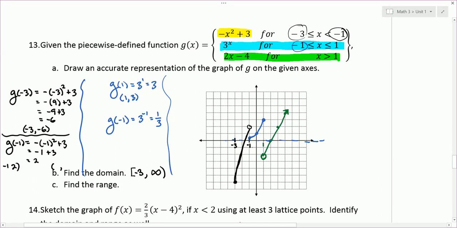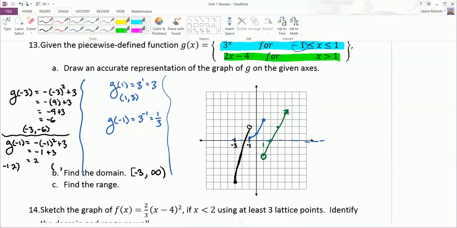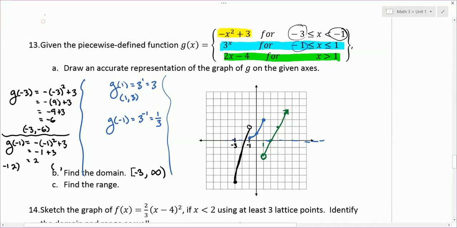Find the range. So the lowest point is at negative 1, 2, 3, 4, 5, 6. Negative 6 is the lowest, and it's included. The highest point, well, this green arrow is pointed up as high as we want to go, so up to infinity.